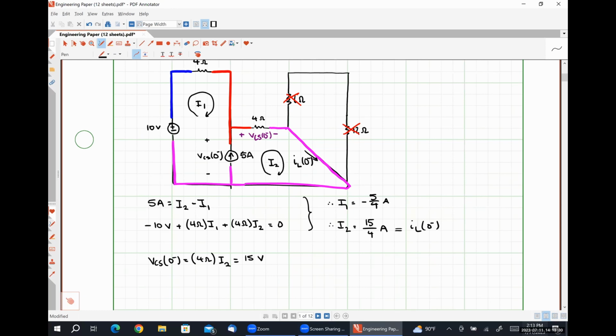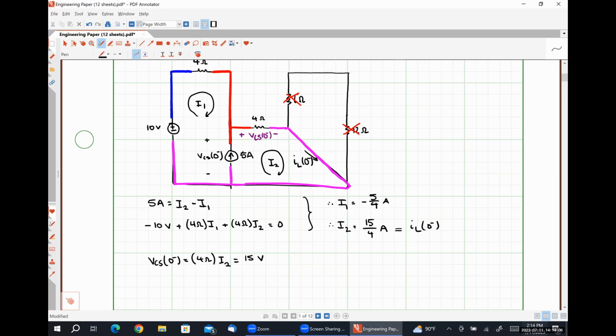So we could have used nodal and mesh in our class meeting yesterday, but as I hopefully illustrated, there were easier ways to do things. For this particular problem, I don't know that there's an easier way to do it, unless, of course, we tried doing something like superposition, where we would wind up solving the circuit twice, which wouldn't be necessarily difficult, but it would definitely be tedious, which is why I chose to just do mesh here.